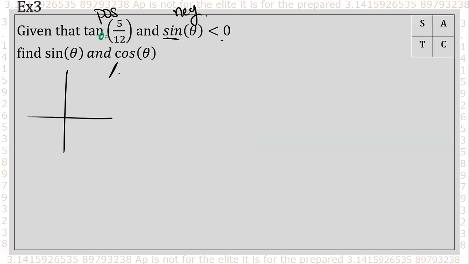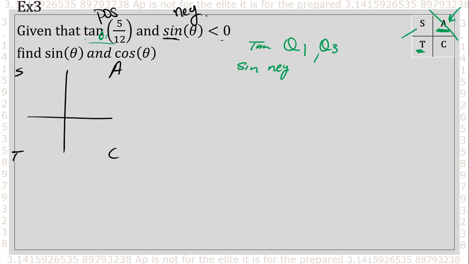We're going to use all students take calculus, and I want to find where tangent is positive. Tangent is positive in quadrant 1, where everything is positive, and in quadrant 3, where tangent is positive. Sine is negative only in the quadrants where it's not positive, right? So A, everything's positive, so not there.